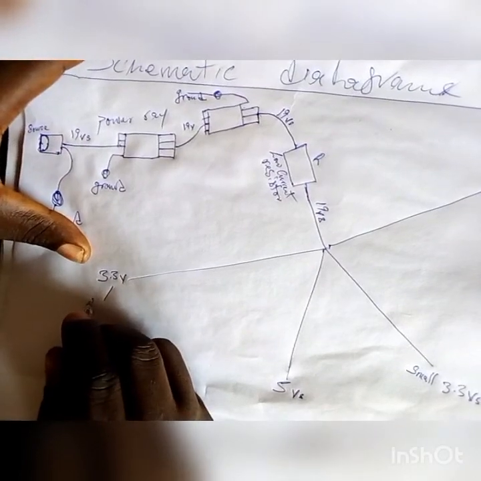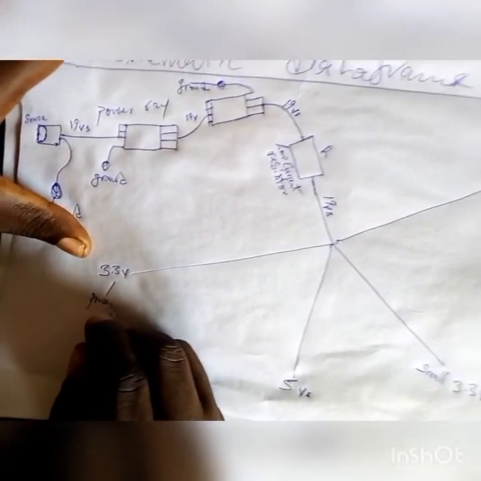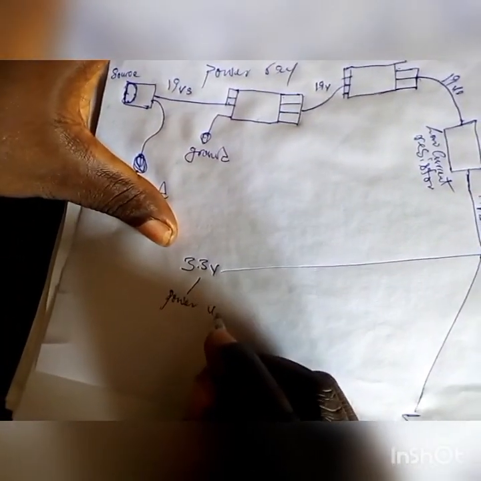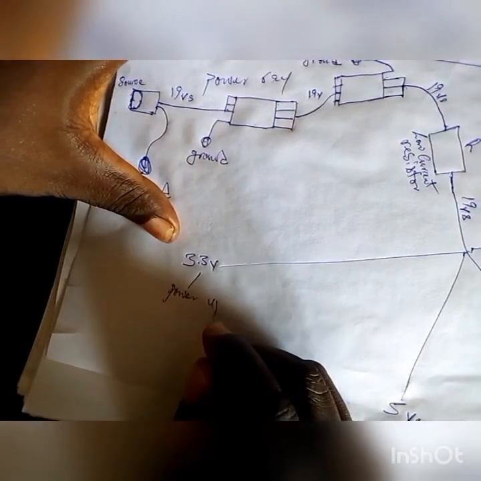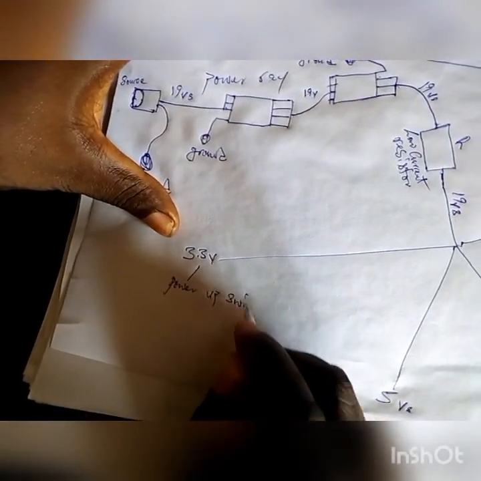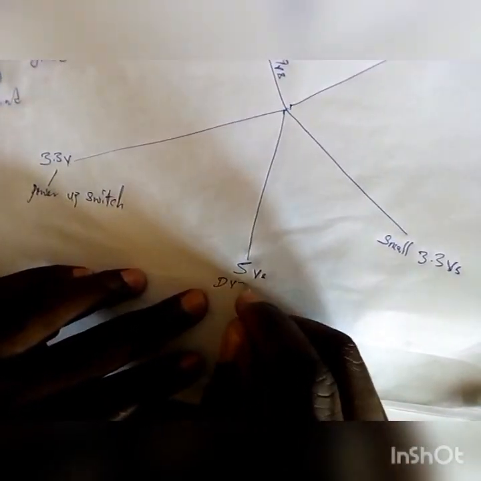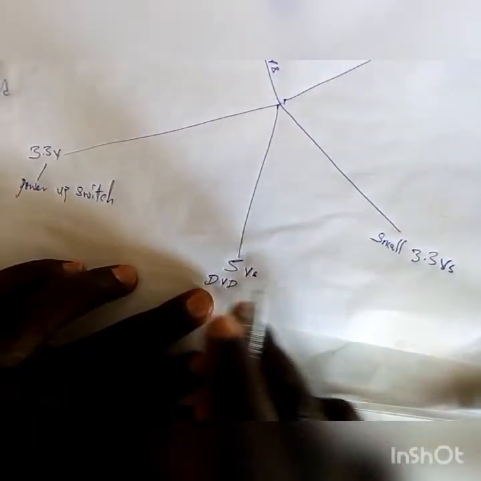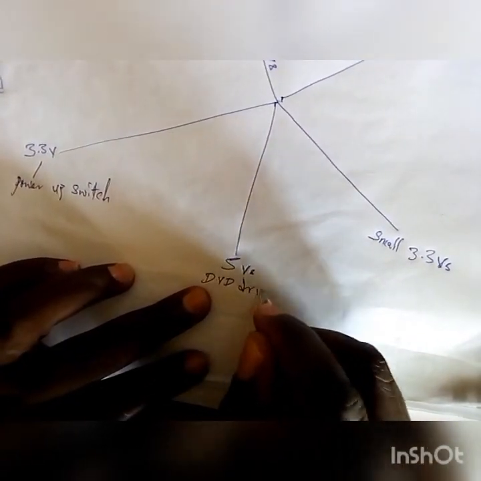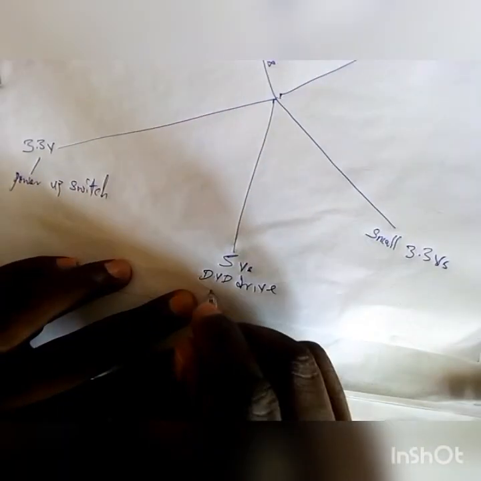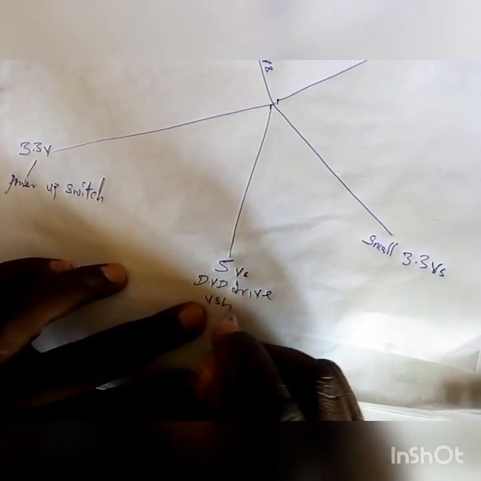Also 19 volts is present here in this 3.3, but we're going to talk about this in another class: how 19 volts now converts into 3.3, how 19 volts converts into 5 volts, and so on and so forth. We're going to talk about this in our next class.